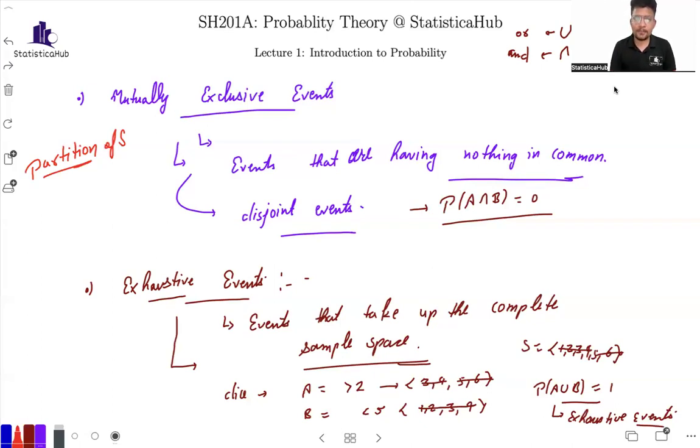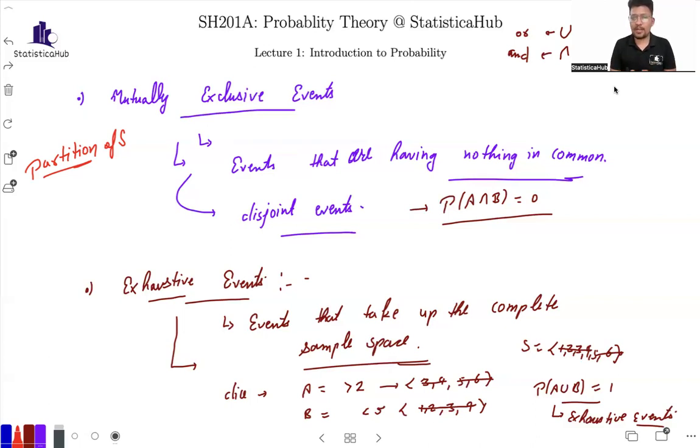And in the partition, there is another concept: there will be nothing in common between him and me. It will not be that we have some land in Delhi or some land in Gurgaon and he has some share in my land, or I have some share in his land. That means our events are mutually exclusive plus exhaustive.